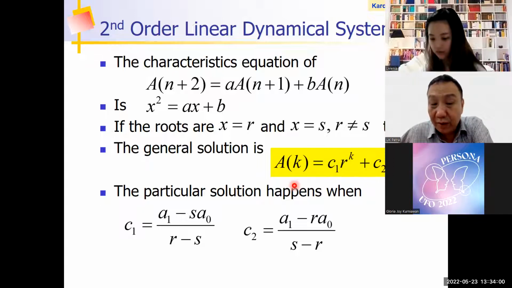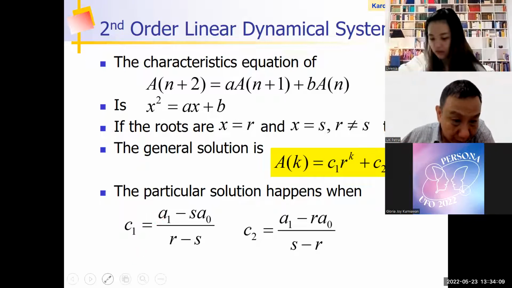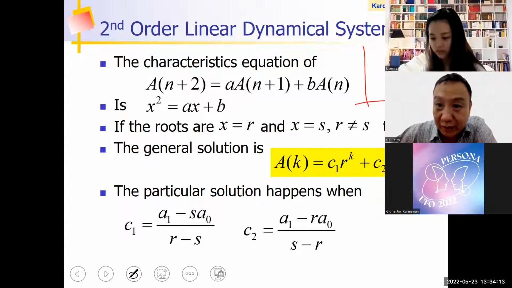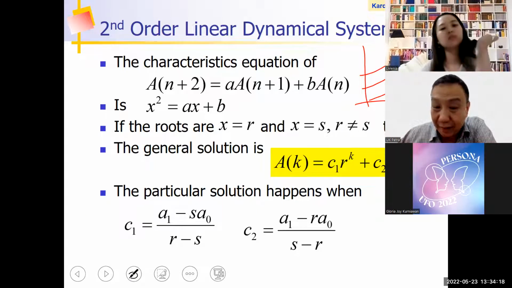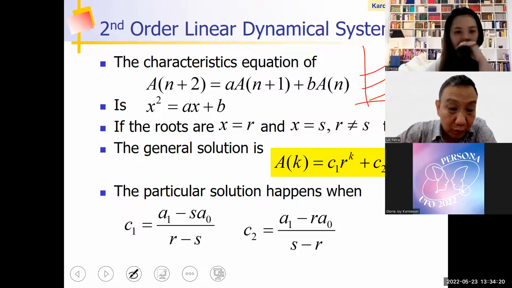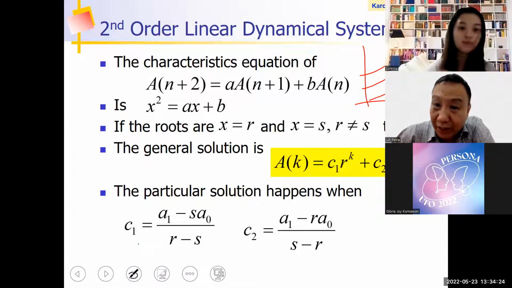If you know the values of A1 and A0, then instead of that shape, I will draw here an example. Suppose the shape is something like this. But if you know the actual values, instead of that shape, I will put exactly this line.